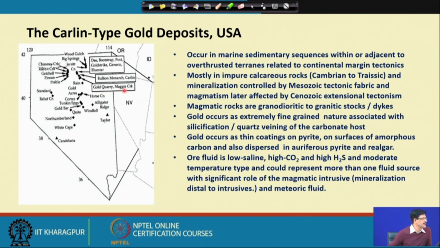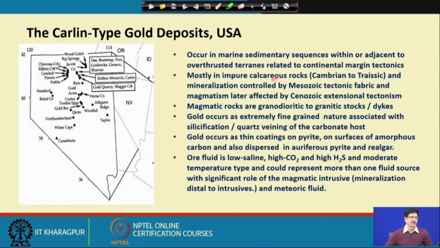Some of the localities like this Carlin and all these areas in Nevada constitute the major occurrences of Carlin type of gold deposits. So, they occur in marine sedimentary sequences. These marine sedimentary sequences are Paleozoic sequences formed in an accretionary zone.